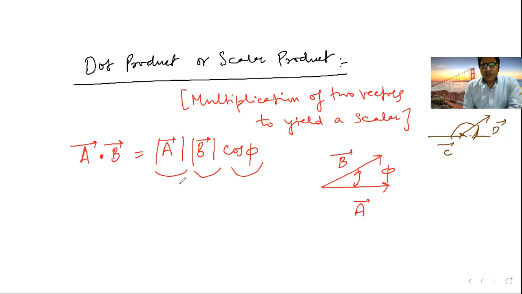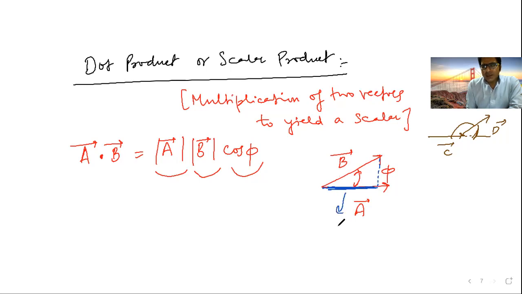We can interpret it the other way also. Now see what B cos phi is. Let me use another color. If you draw a perpendicular from the tip of B on A and find this length, what is this length?